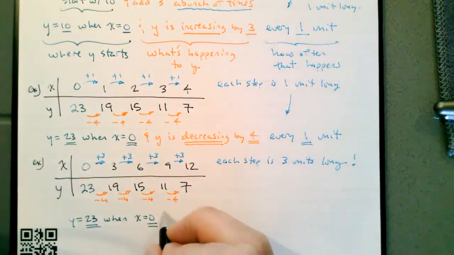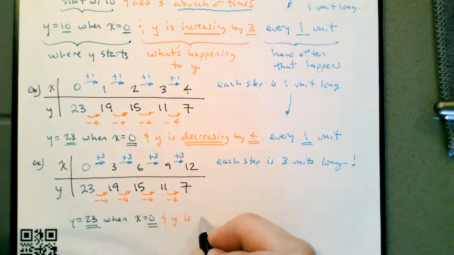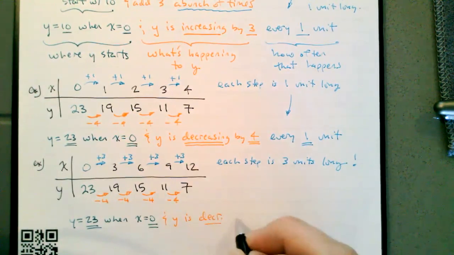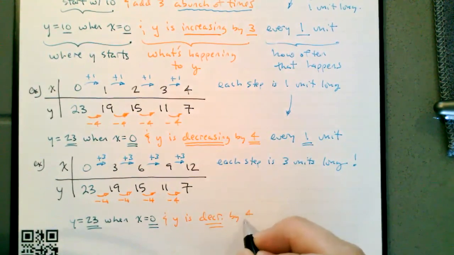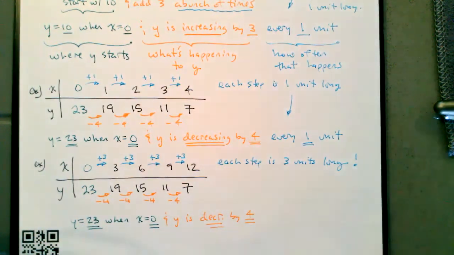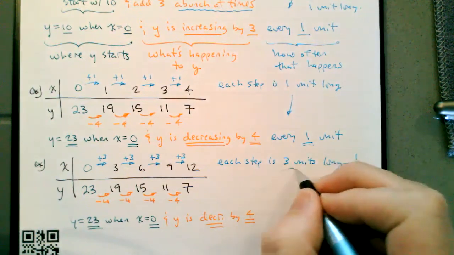Let's describe what happens to the y. We'll say y is decreasing by 4. And then we'll say how often that's happening. Every 3 units.